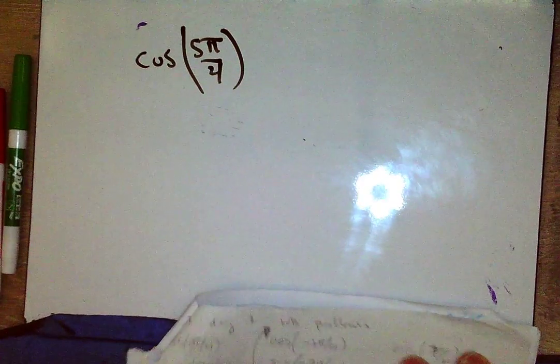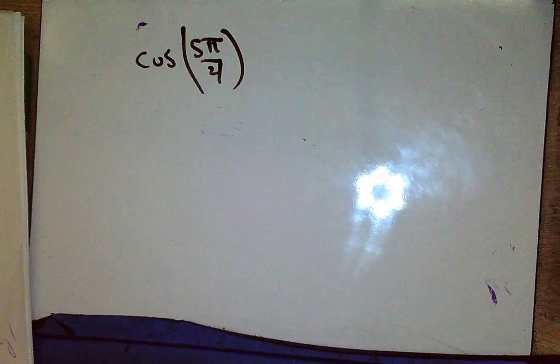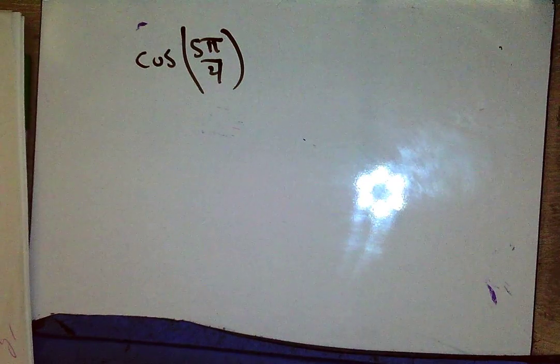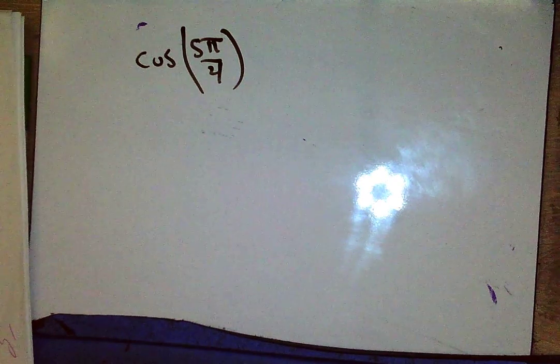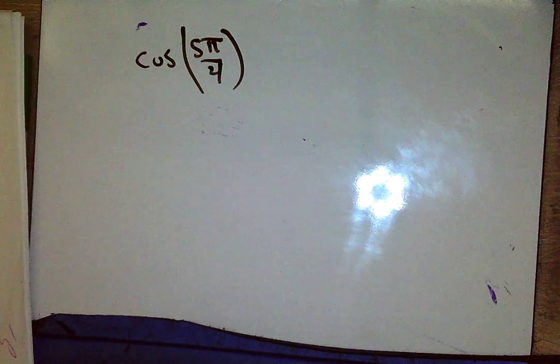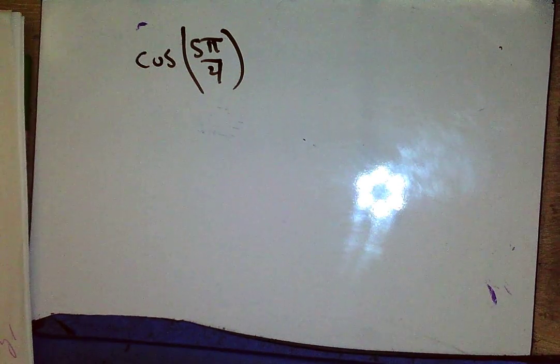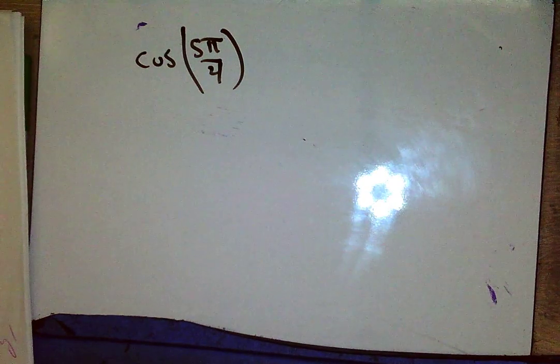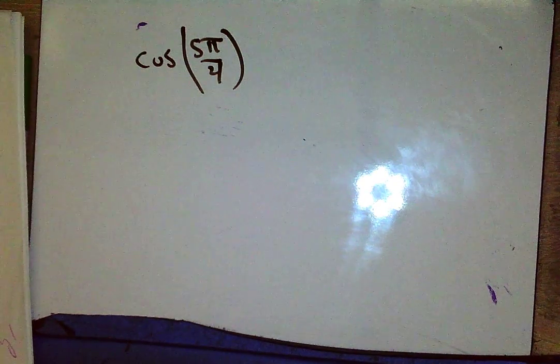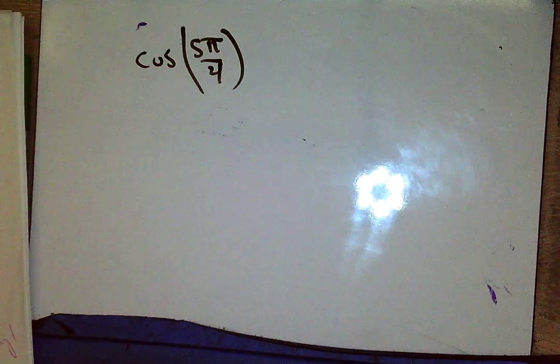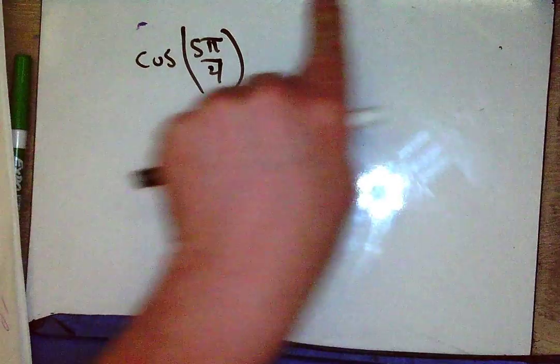If you need to have your unit circle out, you can. If you need to have your list of trig ratios, like that cosine is adjacent over hypotenuse, or on the unit circle, cosine is the x value, that's fine too. But really, tomorrow, day after tomorrow, no more notes, no more unit circles.